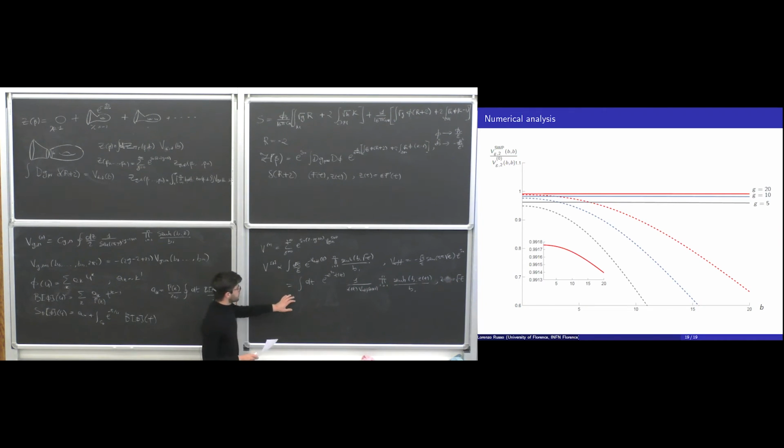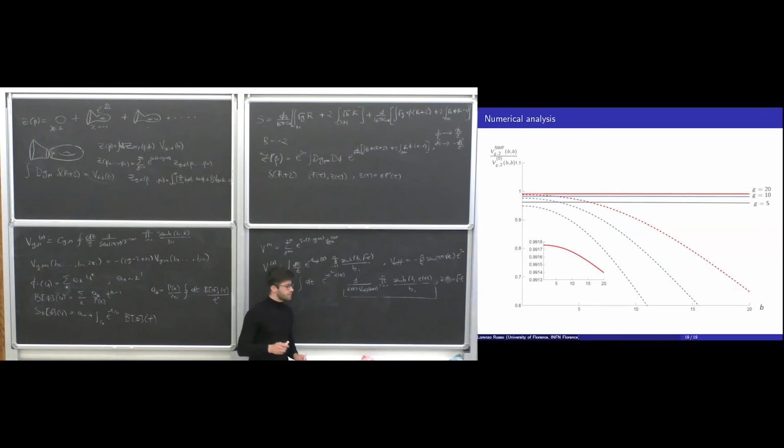And so from here, by comparison to this expression, we can interpret at least this part of the integral as the Borel transform of our original asymptotic series. And by means of the Cauchy theorem, we can extract some prediction for these coefficients.